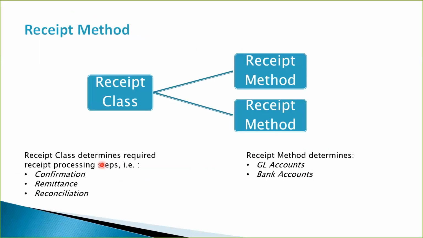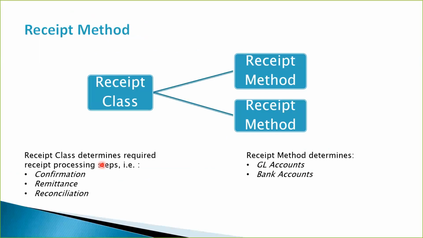We also said that when you select a receipt method, you're also by default selecting the receipt class to which that receipt method is attached. And we said the receipt class determines the required processing steps for any receipts that will be entered under that receipt class.